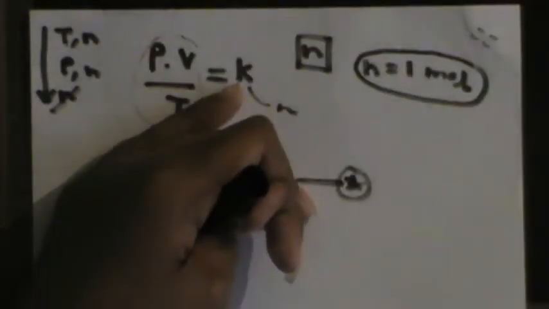So if PV by T is a constant for 1 mole, then for n moles PV by T should be proportional to n. This is a very important relationship.